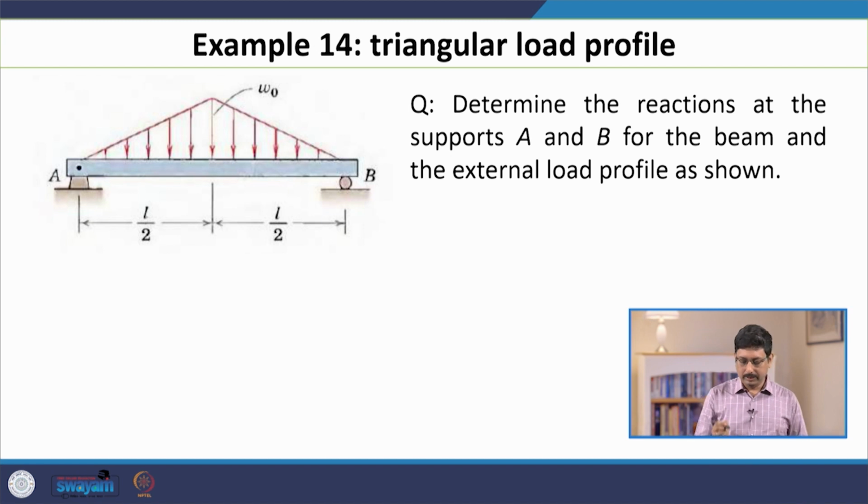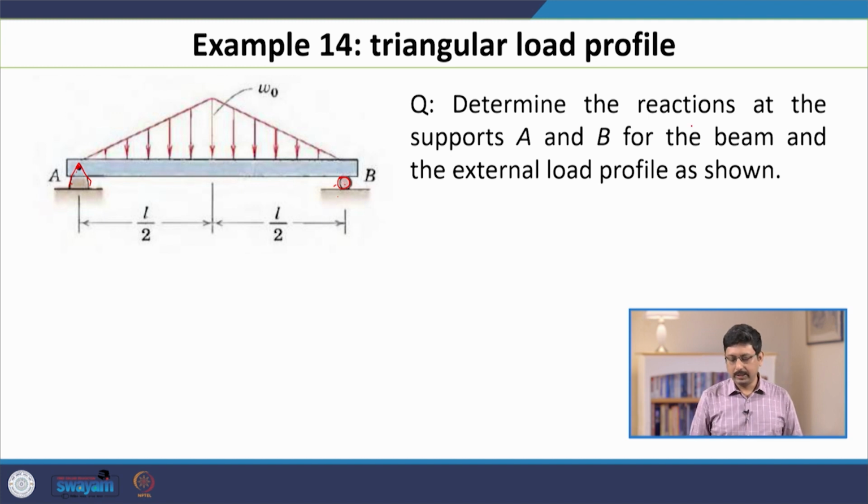Here is a question: there is a beam supported at both ends. On the left hand end, this is a pin joint, which means it is kind of fixed, and on the right hand end you have a roller. So, these two supports are of different types. In this case, there is no horizontal force at the roller; the only force must be in the vertical direction.